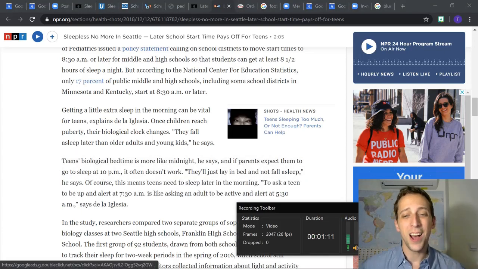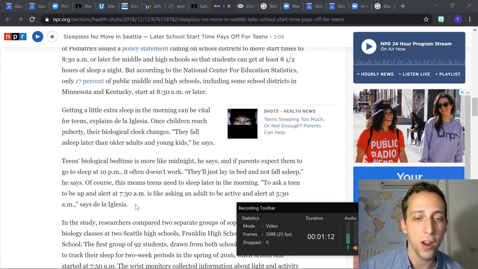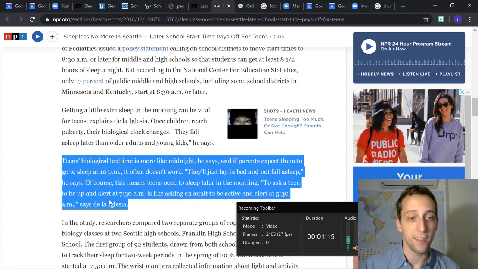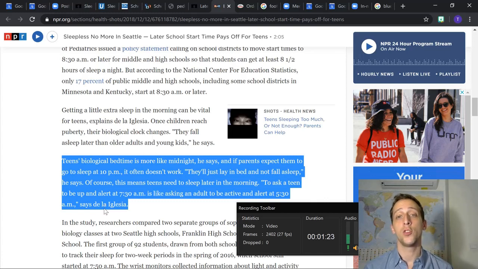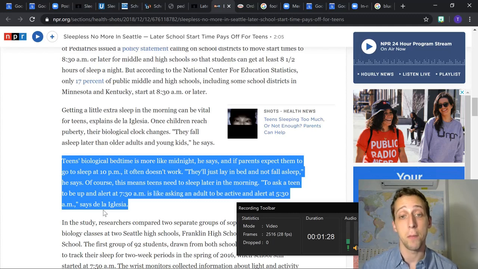But because this piece of information here is a long piece of text, I'm not going to use one quote to put this in my paper. That's just too much. Instead, I'm going to paraphrase what the author says and restate it in my own words.